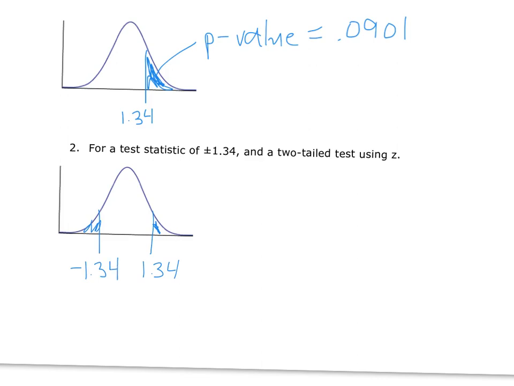So we just plug 1.34 into the online calculator, and instead of choosing the right tail area, we choose the area in both tails. If we plug that in, you get 0.1802, which you notice is also equal to 2 times what we got above, 0.0901, because now it's counting both tails.